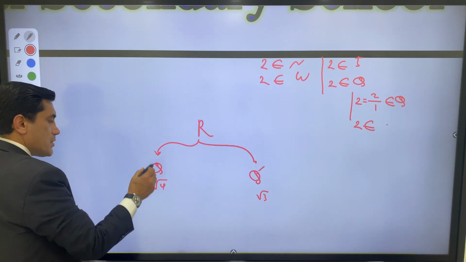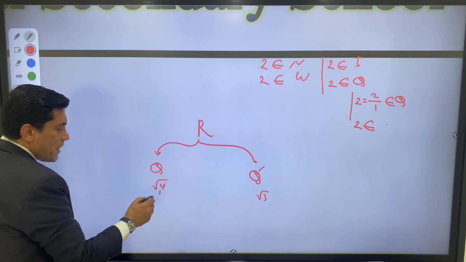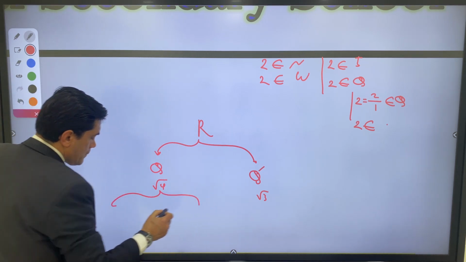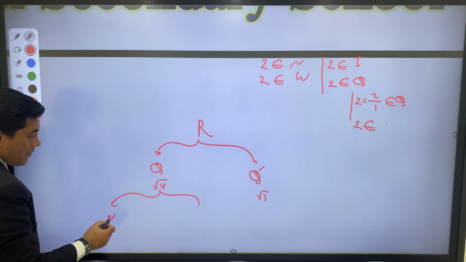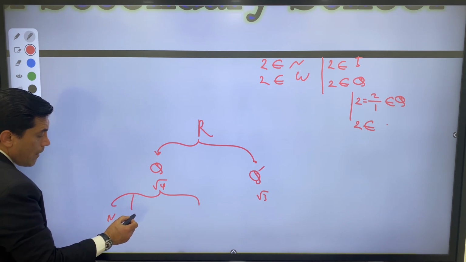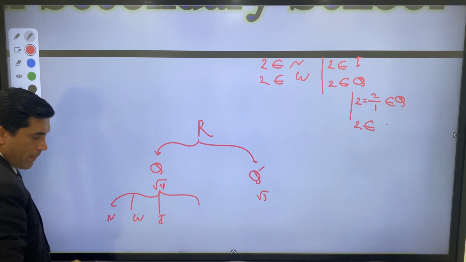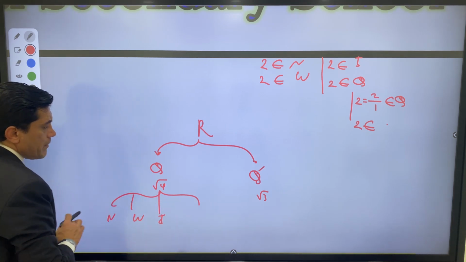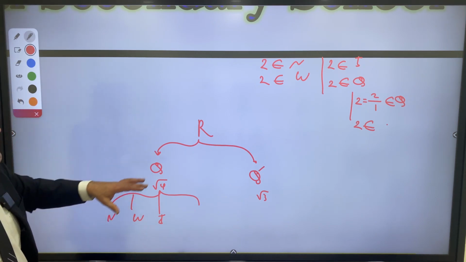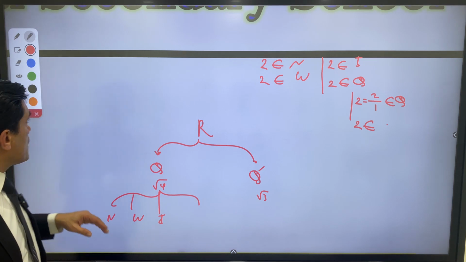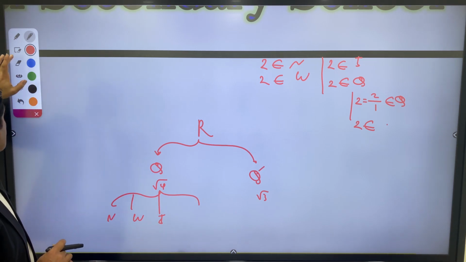And rational numbers are classified into natural numbers, whole numbers, and integers. Okay, you can classify this way. So real numbers are the biggest set.